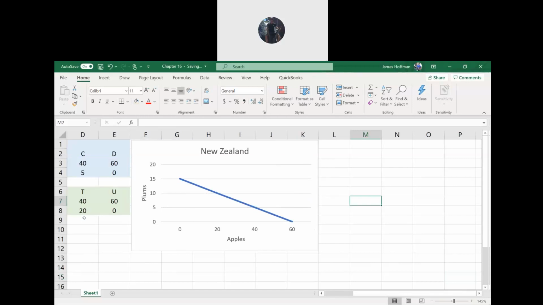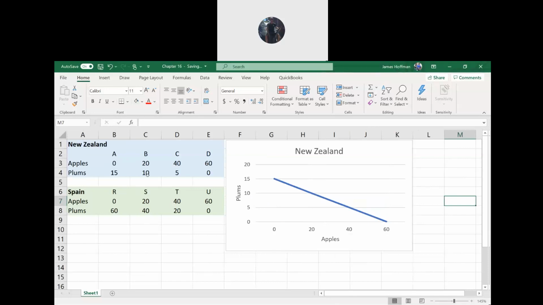Okay, and I like to show it so the chart is the same as the labels. So this one's 0, 20, 40, 60. This one goes 0, 5, 10, 15. And we can just leave it like that.